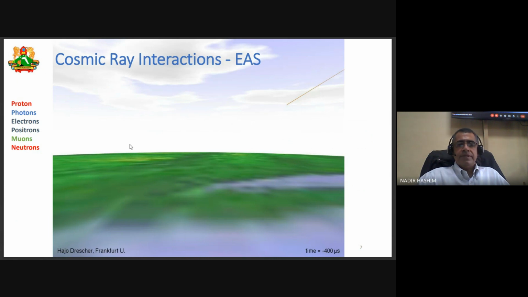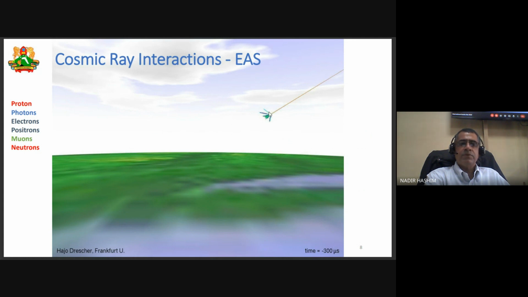So here is an animation made a few years ago. What you see here is a proton coming into the Earth's atmosphere. Pay attention to the time scale on the bottom right corner. This is at minus 400 microseconds. After 100 microseconds, the proton has already interacted and produced the secondary component.